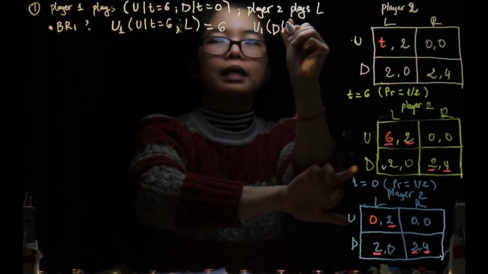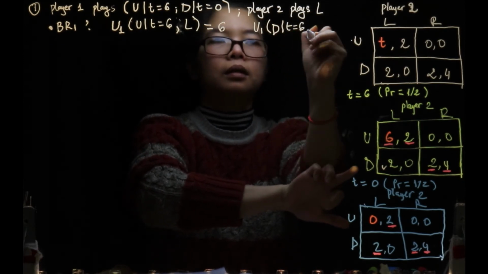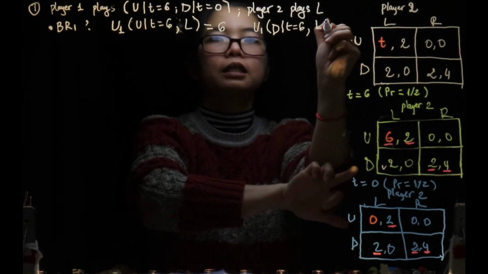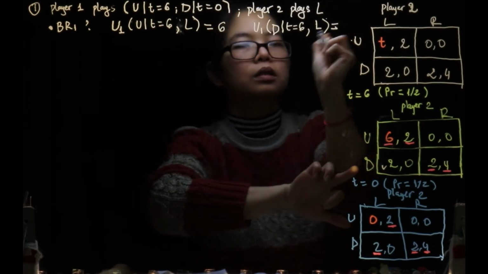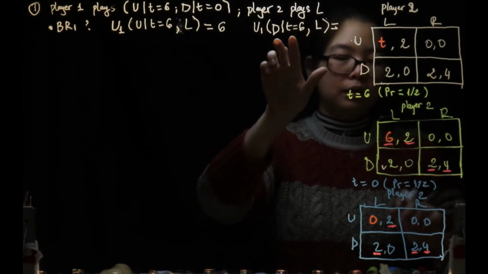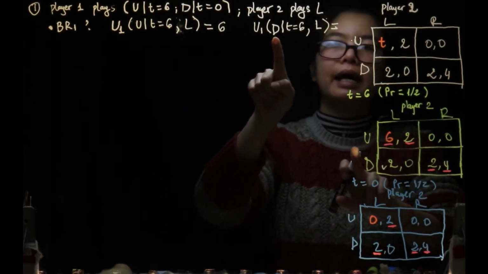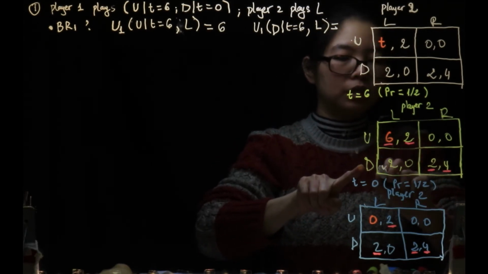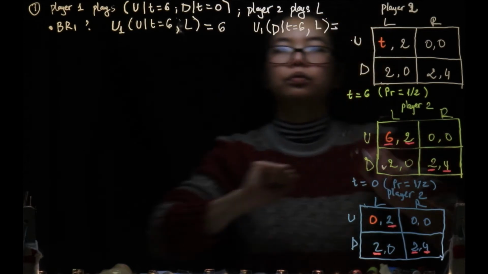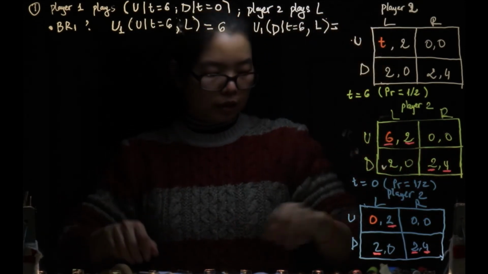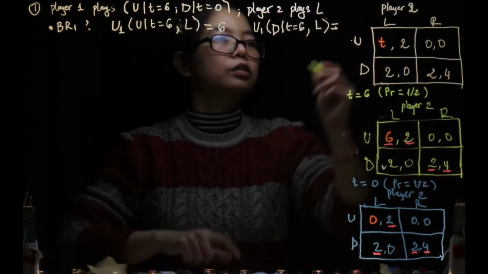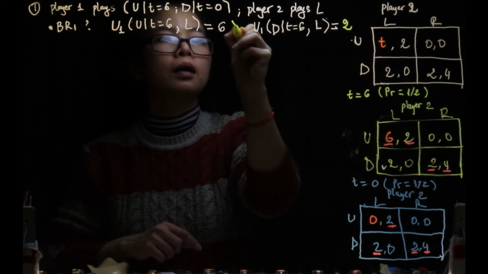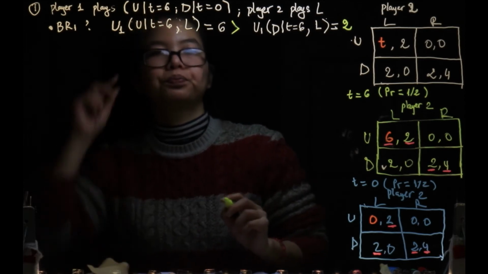Same type, same strategy of the second player, left: T6, down, left. So this is 2, right? Let's write it in different colors so we don't get confused. So 6 is larger than 2.